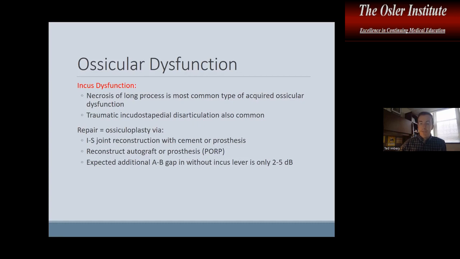If there's a small gap to the capitulum of the stapes, you can also use some special prostheses. You can use just a standard PORP and cartilage. And so when you're reconstructing these, you're potentially missing out on the incus lever effect with a PORP, but that's typically minimal, maybe 2 to 5 decibels.